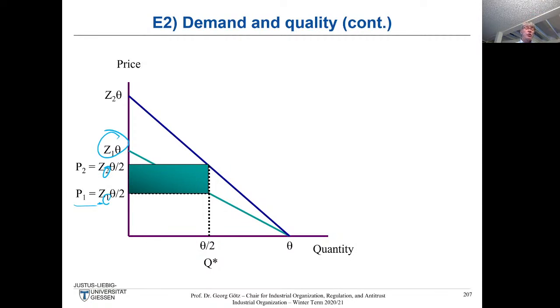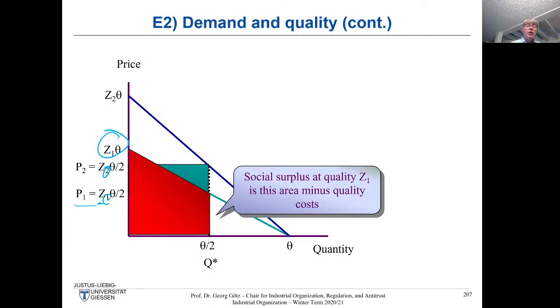Now the question is, what is the social planner's increase in total surplus, given we provide this quantity here? We know, of course, the optimal quantity would be theta, because marginal costs are 0, but we just look into the second best solution, where we take the output as given and ask the question, given that output, what kind of quality would a social planner choose?